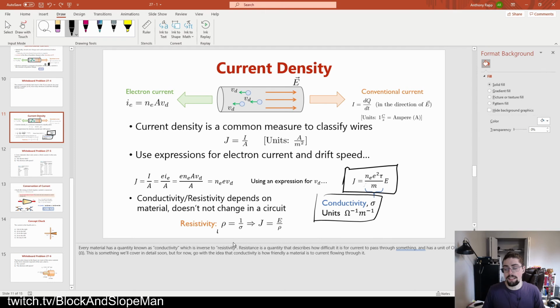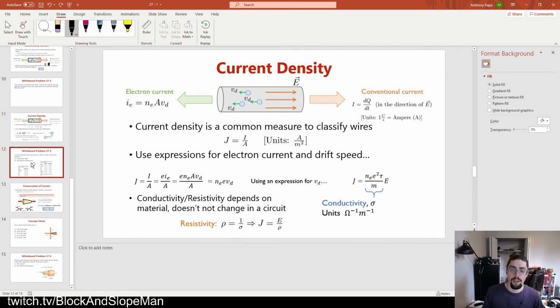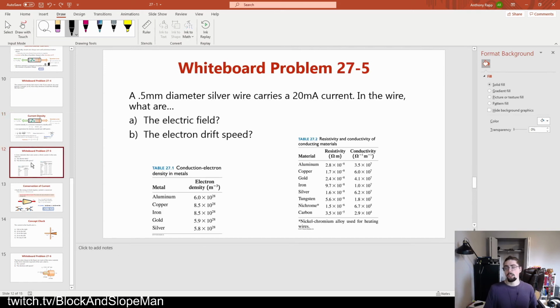Resistivity, which is the exact inverse of conductivity, is just how much it resists having current pass through it. But we can use those quantities with some useful things. They are inherent to certain materials, and we will end up using those quite a bit more in the next chapter here. But for now, let's try and use some of these values.